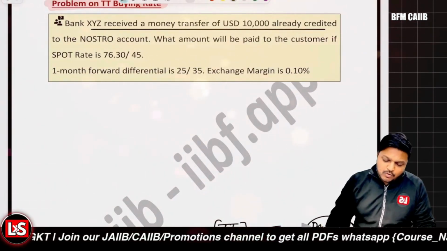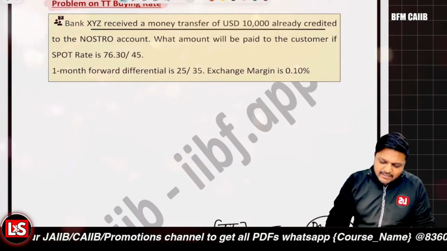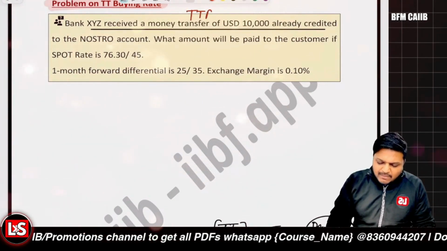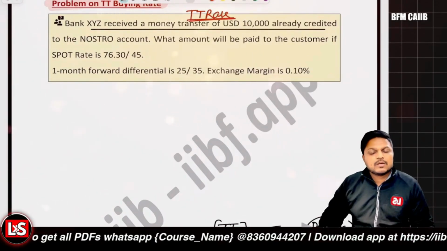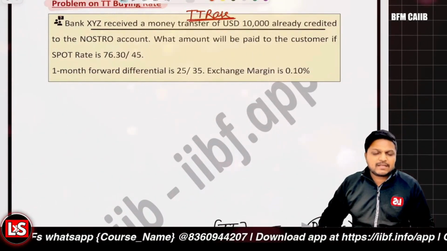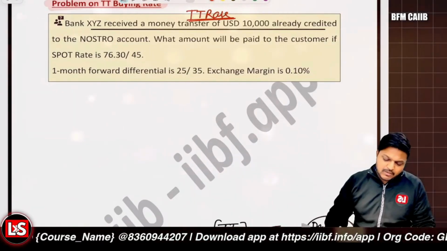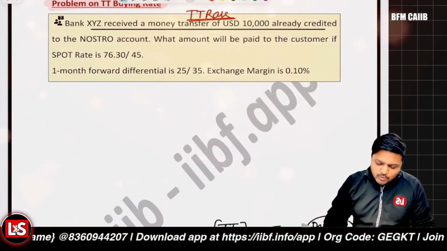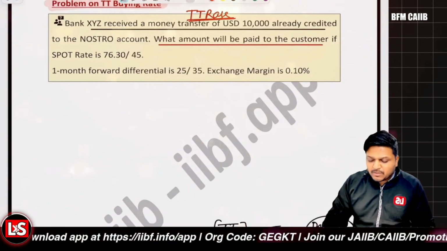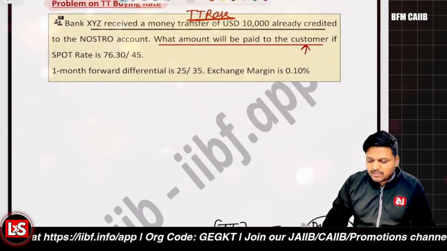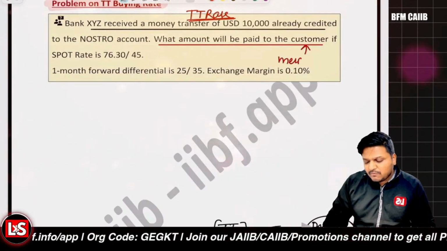So it will be the telegraphic transfer rate which would be applicable. We just got to know from the very first line that the TT rate would be applicable, but we don't know what rate is to be given, what cost will be given by the bank. Now it says what amount will be paid to the customer. Now we know what rate would be applicable because the bank is going to deal with the customer, so it is a merchant rate.